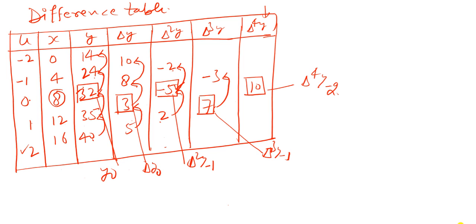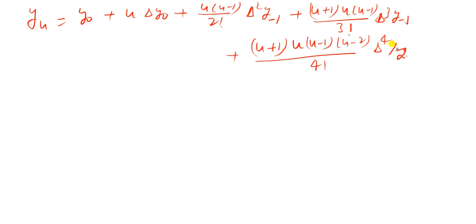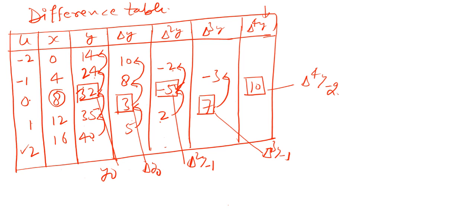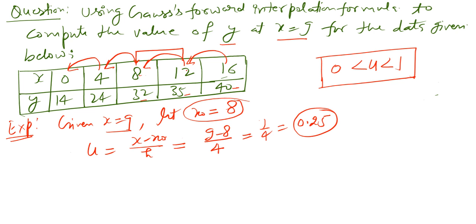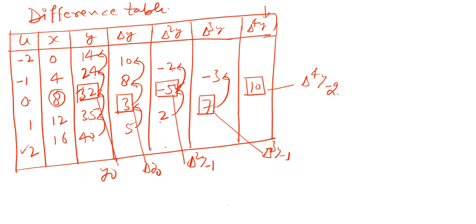So we apply the Gauss forward interpolation formula up to the fourth order forward difference, that is del 4 of y minus 2.